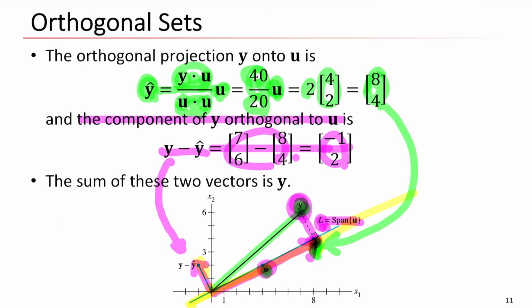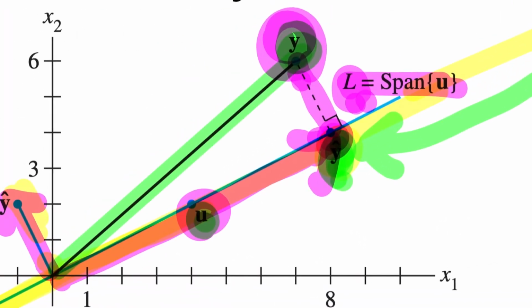So as you can see here, there are so many points on the straight line L, right? Then which point is the closest point to Y? This one, right?